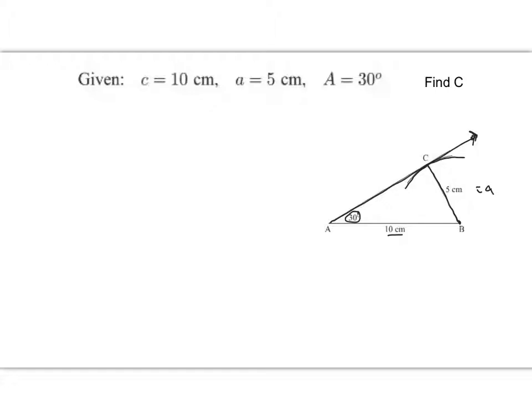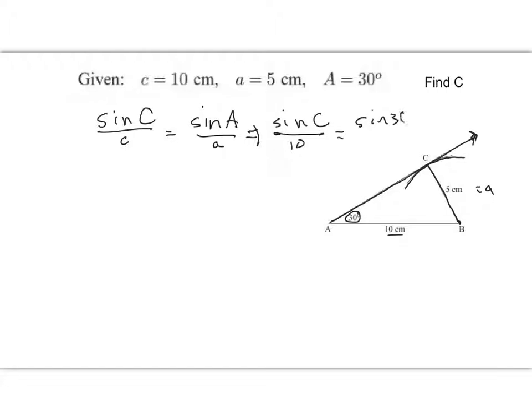If I try to calculate that, I have sine of C over side C equals sine of A over side A. And then I'm going to fill in the values I know. I don't know sine of C, and that's what I'm looking for. I know that C is 10 centimeters, and that's equal to the sine of 30 over 5.